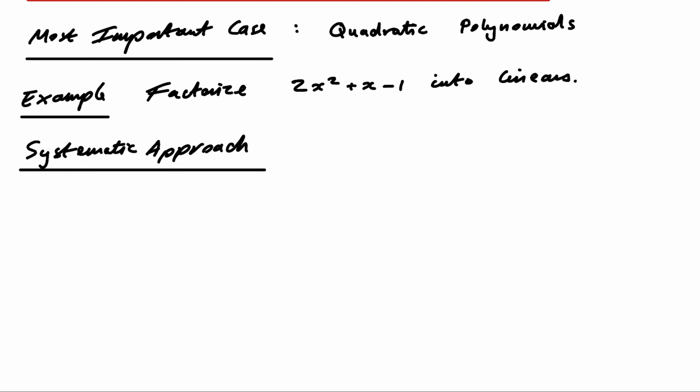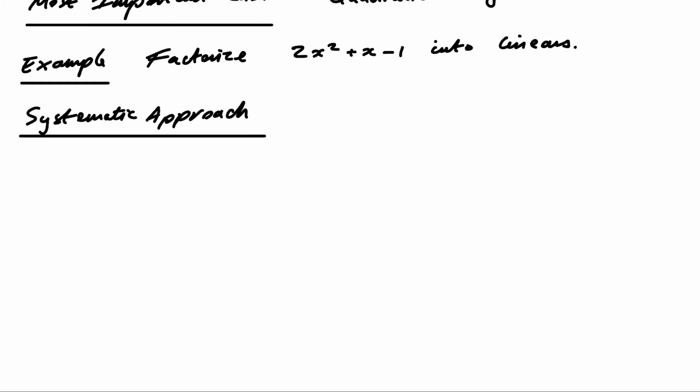Okay, so first of all, let's assume I can be broken up. This isn't guaranteed to be true, but let's assume I can factorize this as follows. I want to think a bit broadly about what it would mean to factorize. I'm going to write this factorization in a very specific format. I'm going to pull the 2 out the front, because that's the leading term, and then write it as x minus alpha, x minus beta.